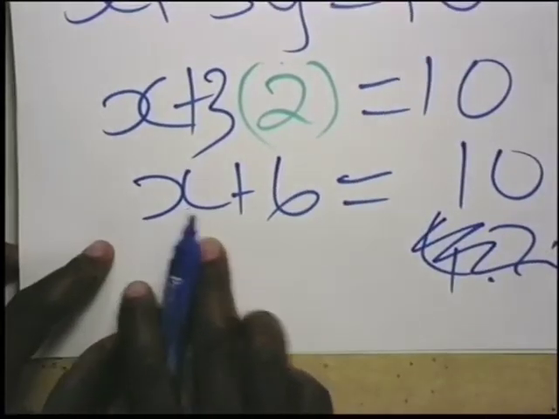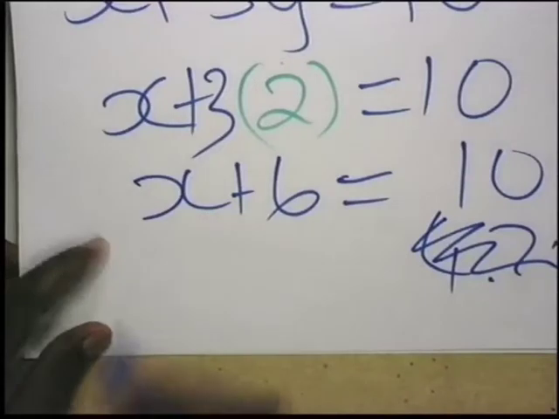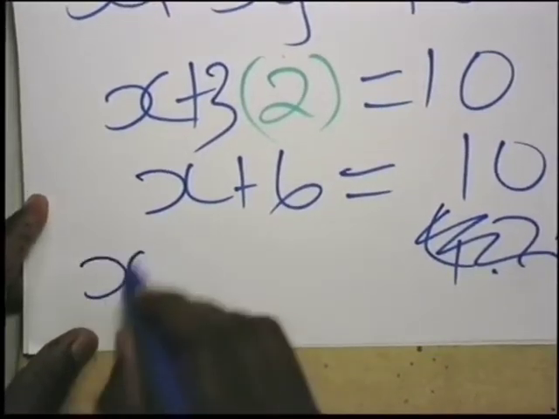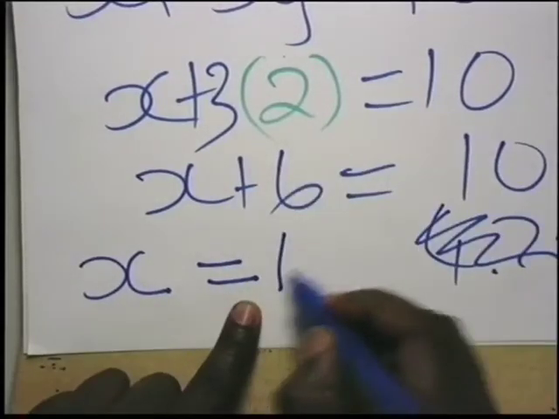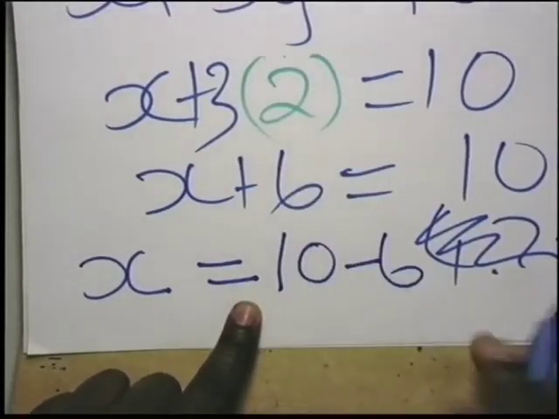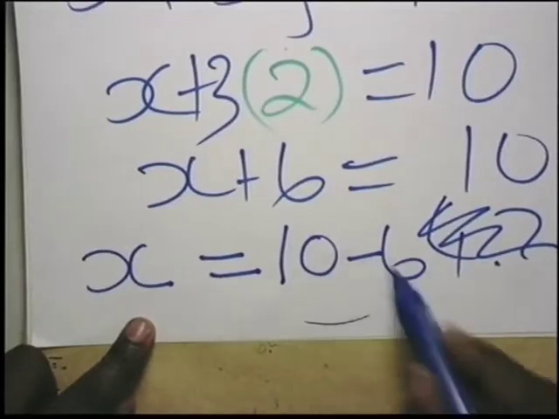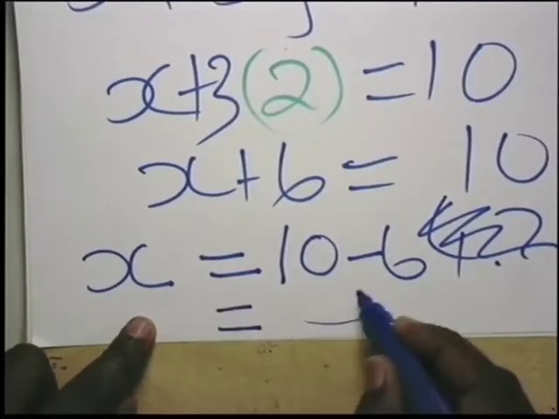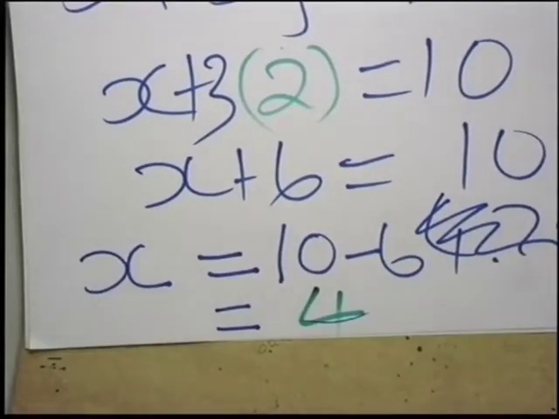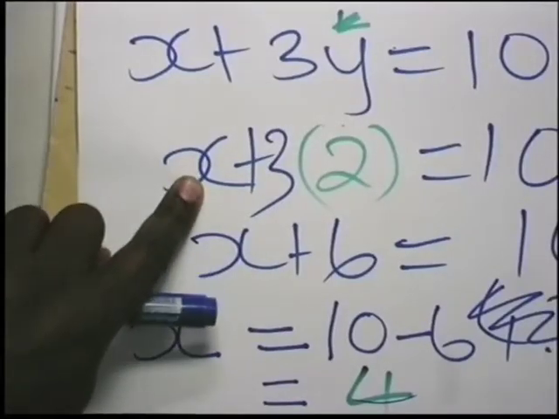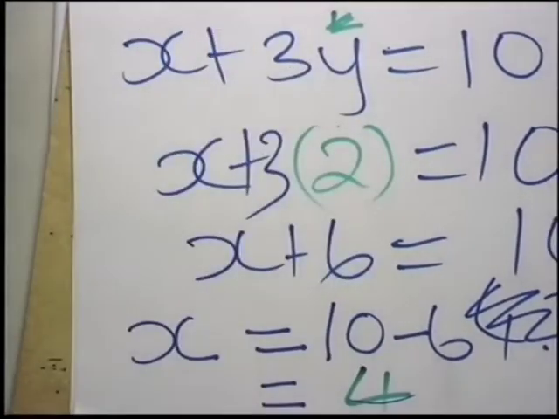If I take my 6 to the other side, I'll remain on this side with x equal to 10 minus 6. So if we net this, x is equal to 4. It will be a positive 4. So my x is equal to 4. x is equal to 4 when y is 2.